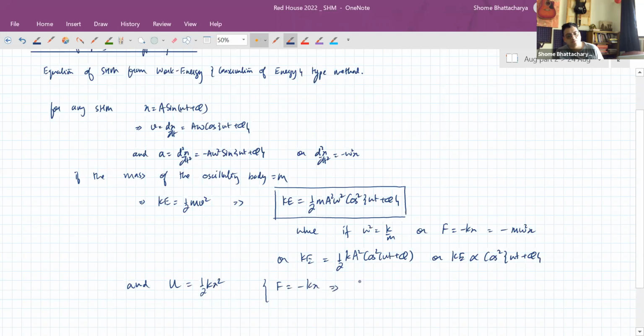So we can express the potential energy as half kx square, because F is equal to minus kx.